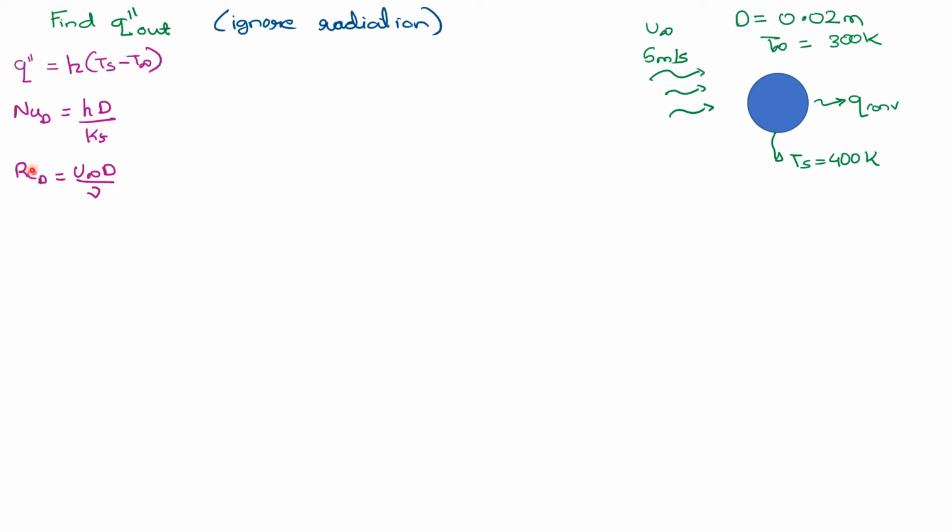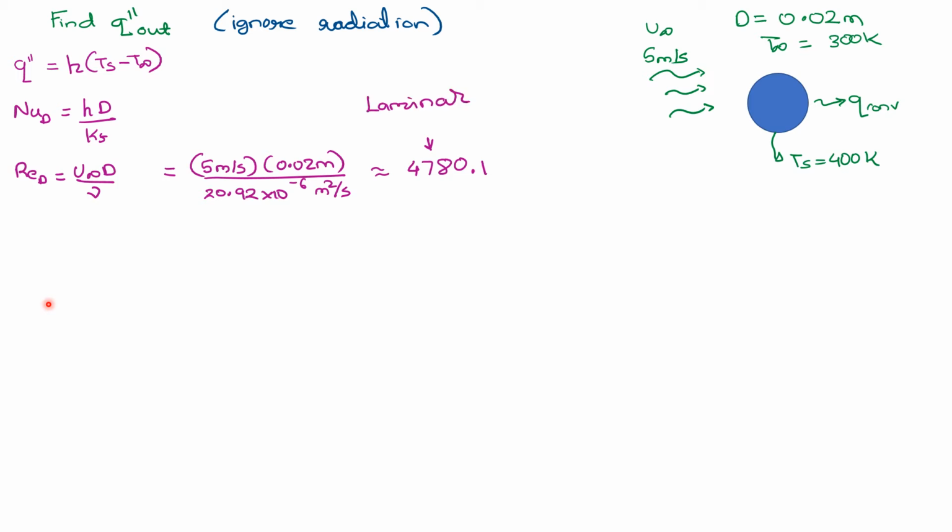But before that, we need to characterize what type of flow we have. For that, we need to calculate the Reynolds number. Our Reynolds number will be u infinity d divided by the viscosity nu, but we still don't know what these properties are.